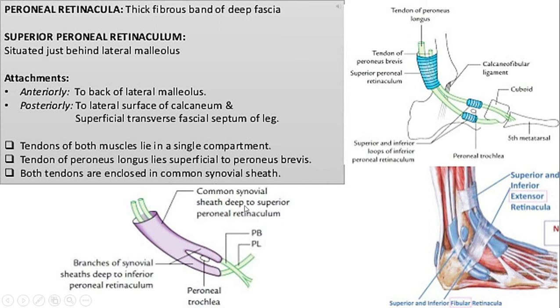This diagram also shows that under the superior retinaculum, they have a common synovial sheath. The tendons of both muscles are lying in a single compartment under cover of superior retinaculum. The tendon of fibularis longus is lying superficial to the fibularis brevis muscle, and the fibularis brevis tendon is in direct contact with the posterior aspect of lateral malleolus.